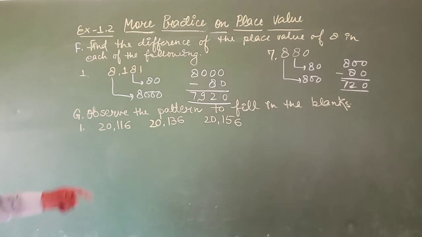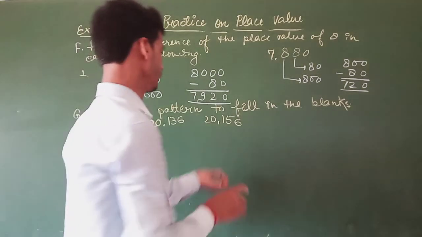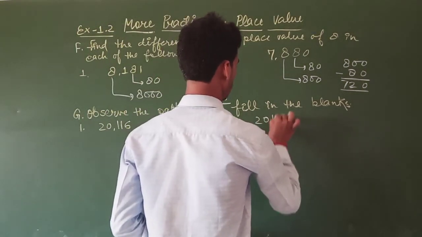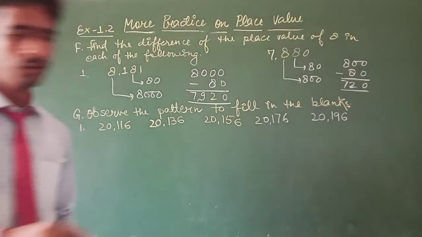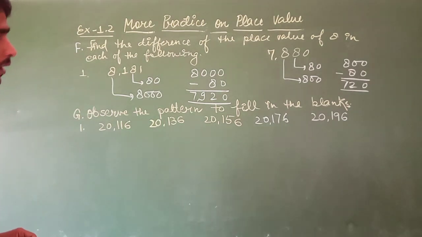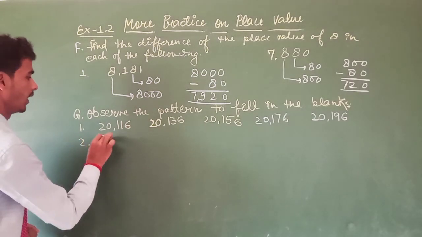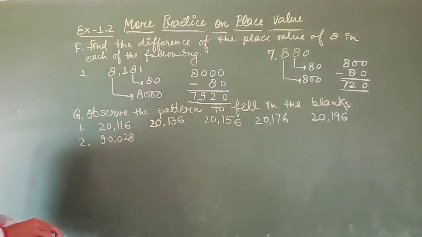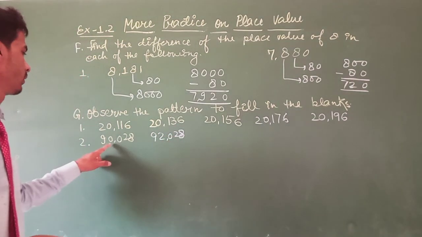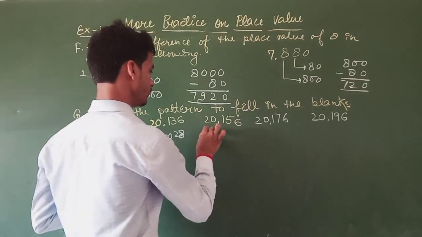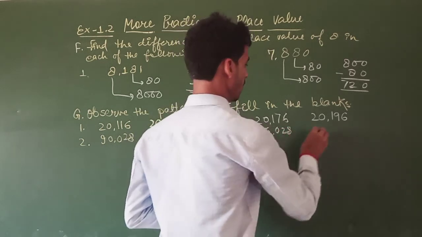You can see here that 2 is adding on the tens place. Okay. Next one is 90,028, 92,028. 2 is adding on the thousands place, 94,028, 96,028, 98,028.